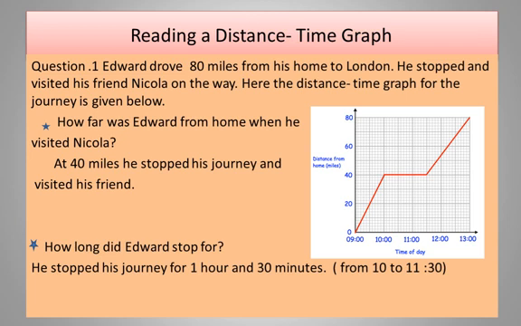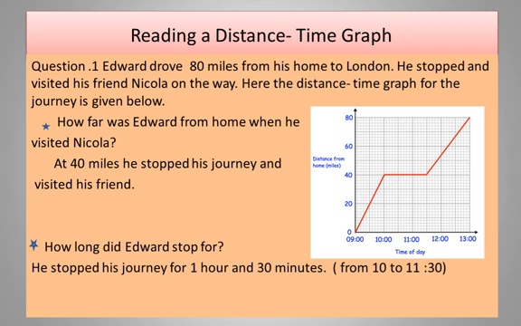Here, the distance time graph for the journey is given below. And the questions are, how far was Edward from home when he visited Nicola? First question. Then second question is, how long did Edward stop for? From the graph, it is very clear at which time he started, at which time he stopped, and at which time he finished his journey or came to his destination. Everything is clear in the graph.